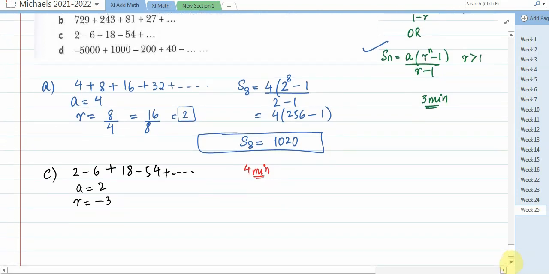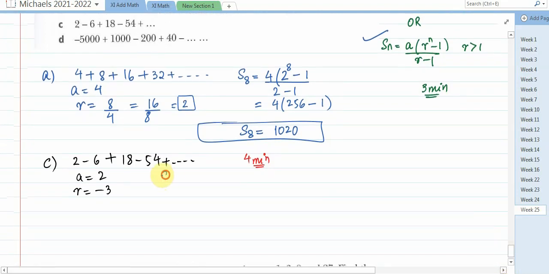When you are going to apply the working formula, that will be S8, because we are looking for the sum of the first 8 terms. A is what? A is 2. R is what? R is minus 3. Since R is less than minus 1, we are going to apply the first working formula. That will be 1 minus R, which is minus 3 to the power 8, divided by 1 minus R, 1 minus (minus 3).